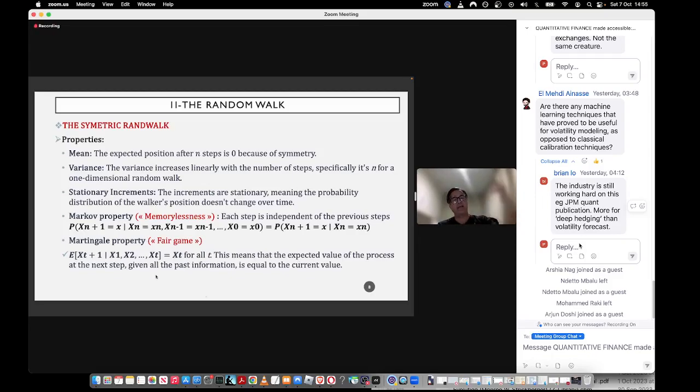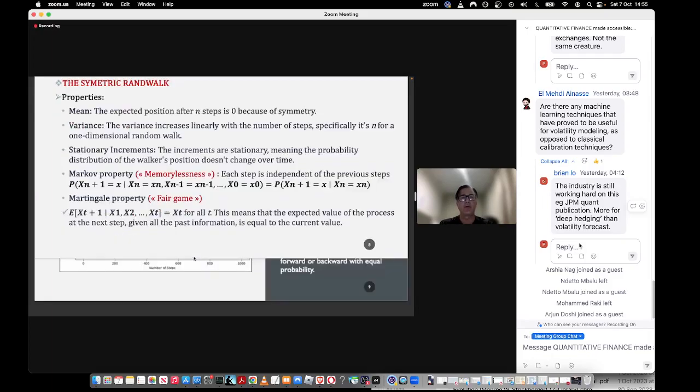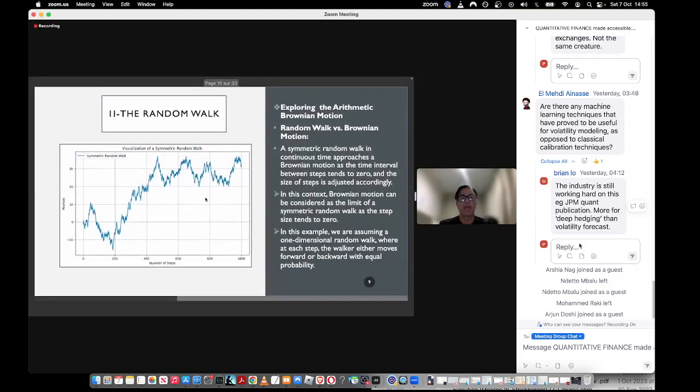Okay, so the expected value here, considering all the preceding motions, will give you the current position of your stock, of your walker, of your particle in a fluid, whatever the stochastic process you end up with.